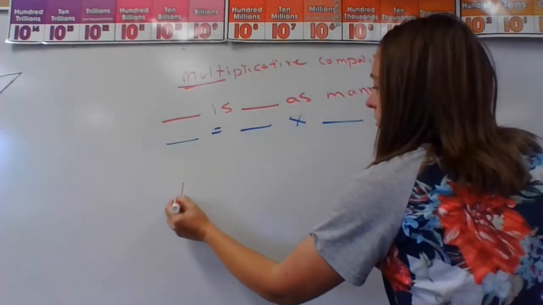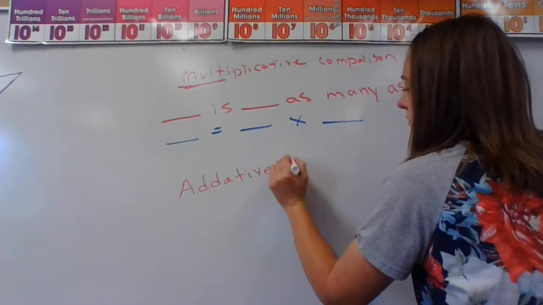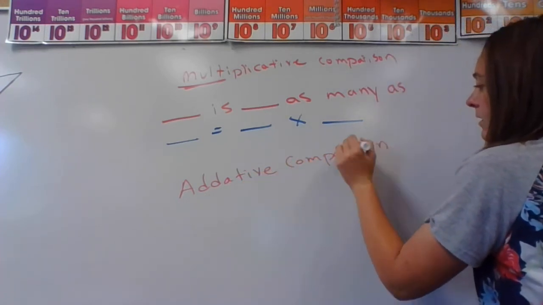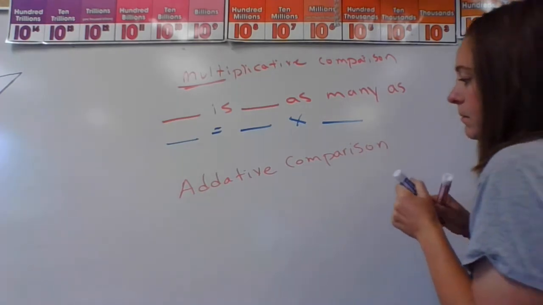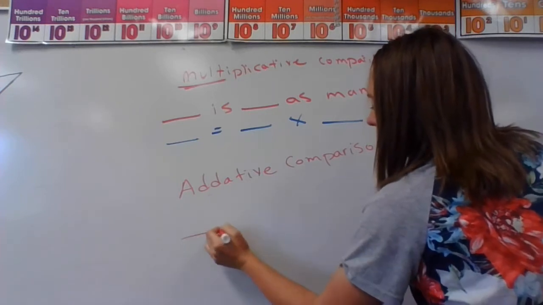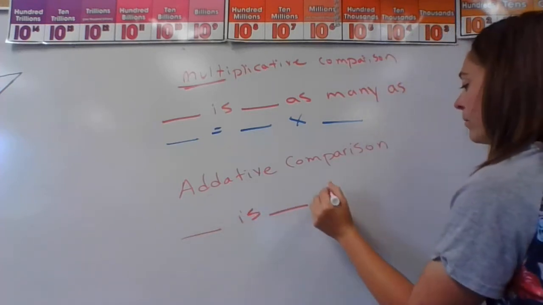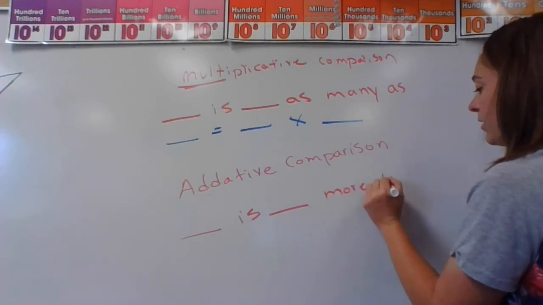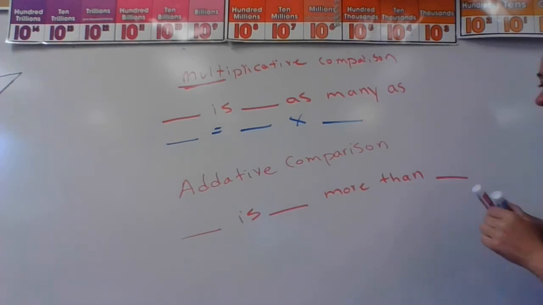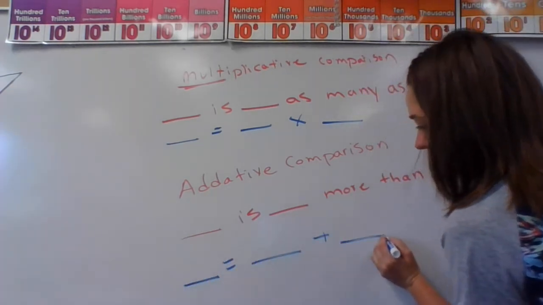For additive comparison, you could say, I'll use the red still, blank is blank more than blank, which is really saying something equals something plus something.